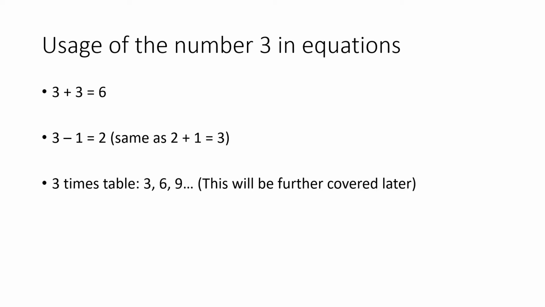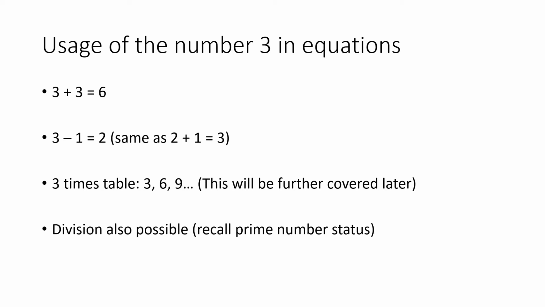The 3 is also used in multiplication methods. For example, the 3 times table extends into, again, far larger numbers, and will be further covered later. But as a starting point, it is important to remember that 6 and 9 are both numbers on the 3 times table. For example, they are 3 times 2 and 3 times 3, respectively.